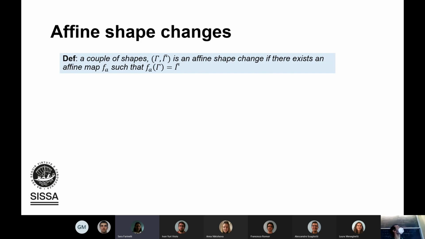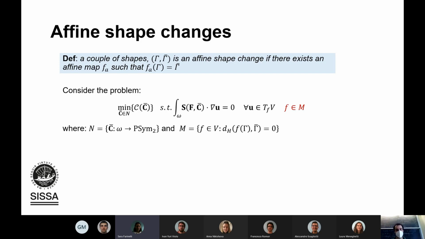Okay. In order to treat this problem analytically with calculations, it's better to consider a slightly different problem with respect to the one I introduced, which is this one.